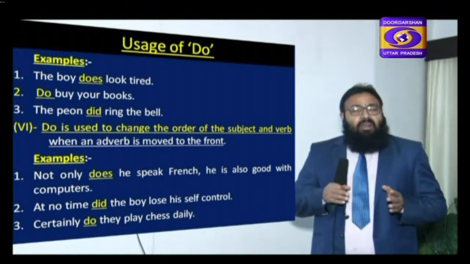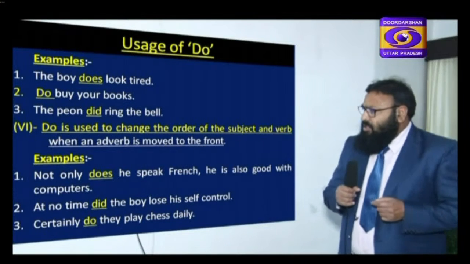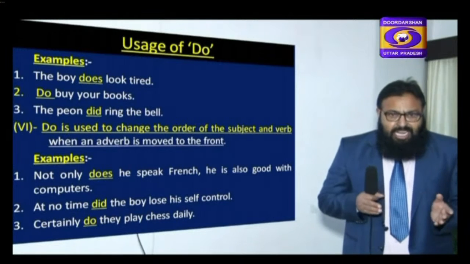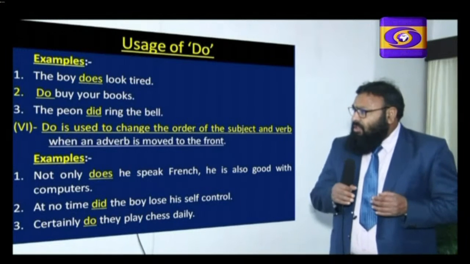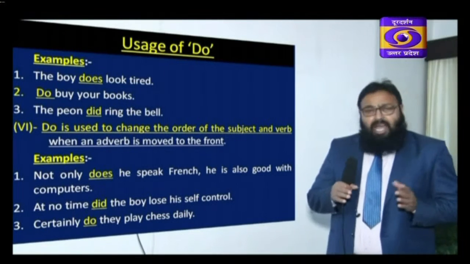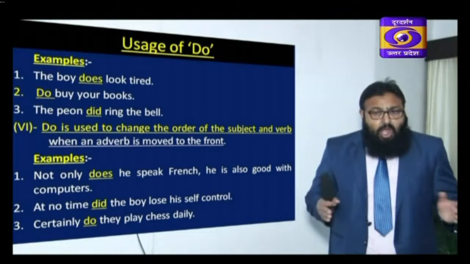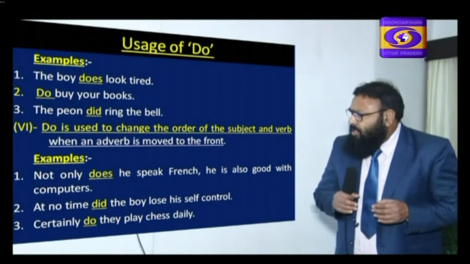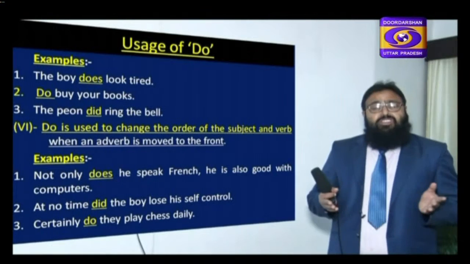So does here is used to emphasize. Do buy your books. Now the sentence is imperative, subject you is understood. So buy your books is a simple statement, do buy your books. Here emphasis is added. The peon did ring the bell.